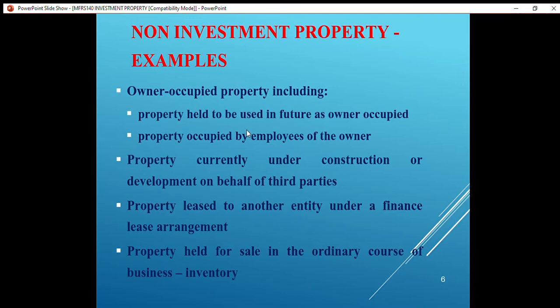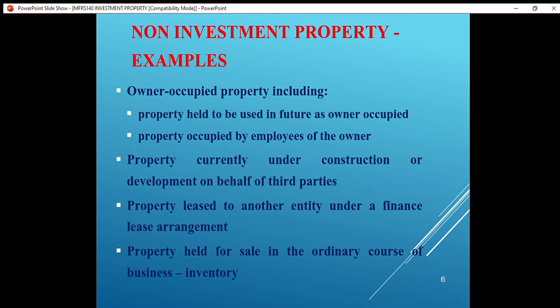So if the property is occupied by the owner, for example, as an administrative office, or it is occupied by the employees of the owner, the property cannot be classified as an IP. Alright, and then the second one, property currently under construction or development on behalf of third parties.